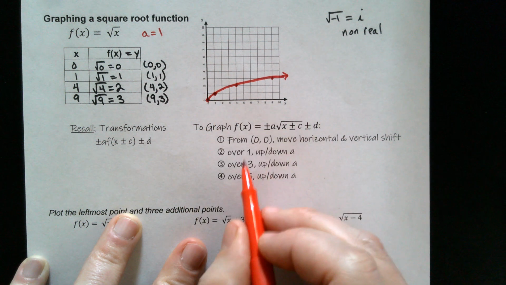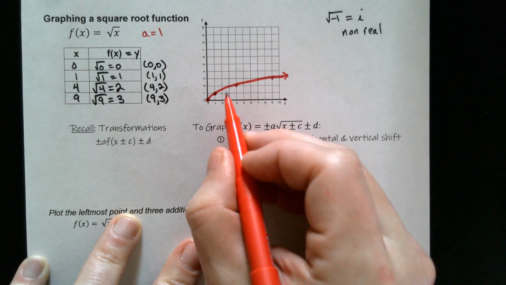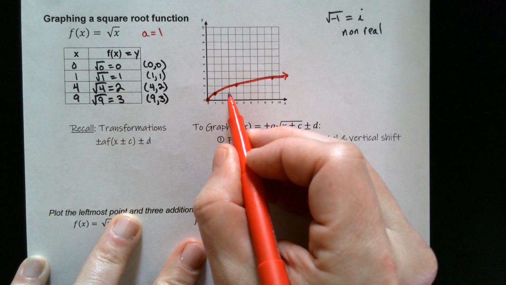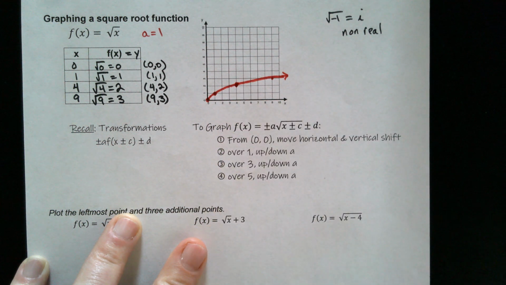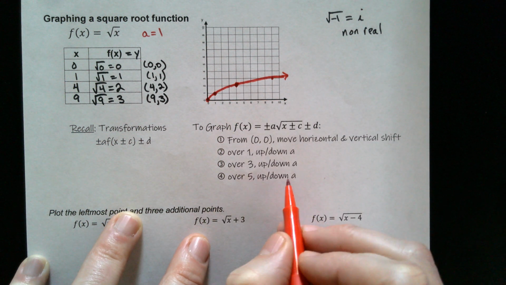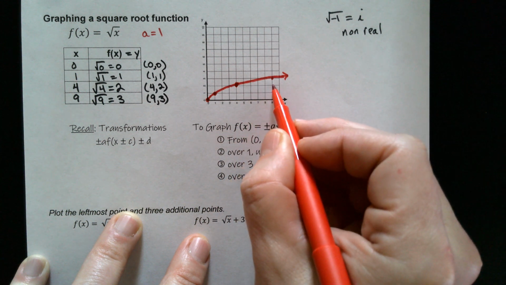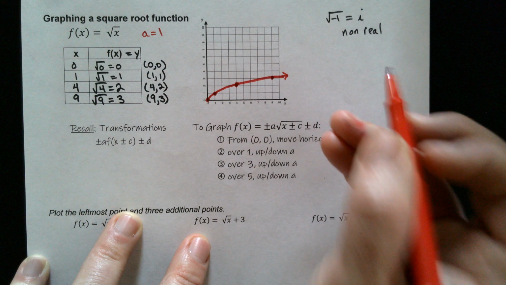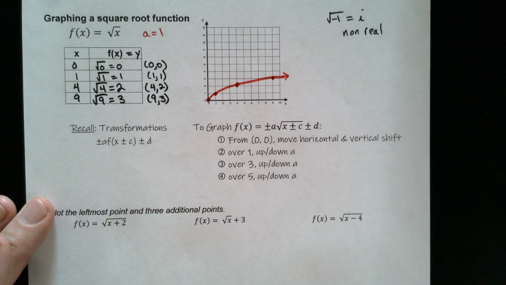The next thing says from there, move over 3, and again go in the direction of A. So 1, 2, 3, A is 1, so I go up. I have a point there already. The last thing says move over 5 and do the same thing again. So 1, 2, 3, 4, 5, and again A is 1, so I go up 1, and there's the point. So this is the shortcut to plotting points. Instead of plotting points, we can do it this way.